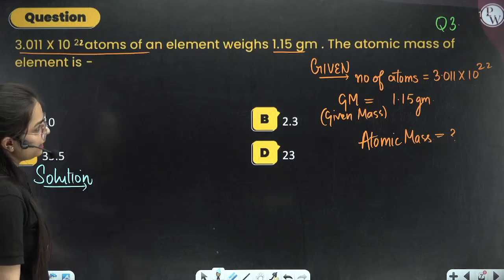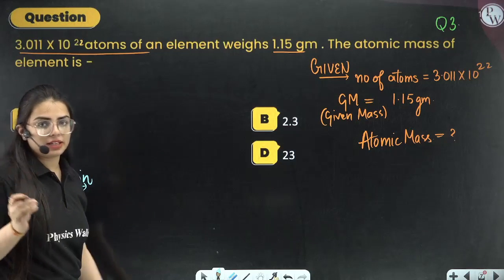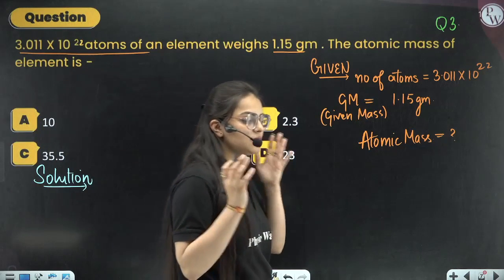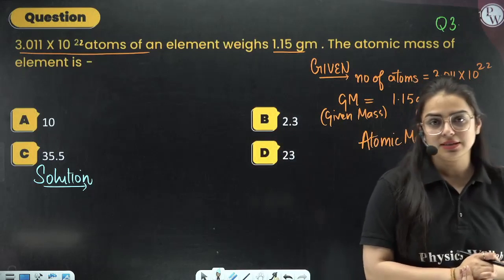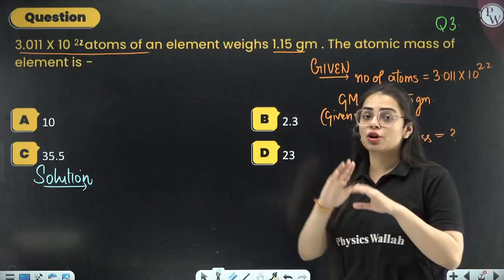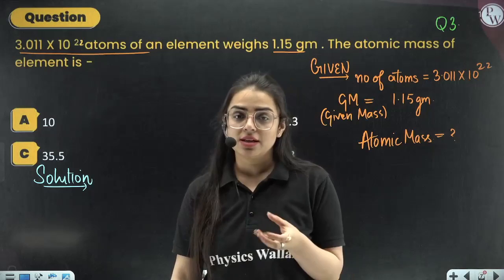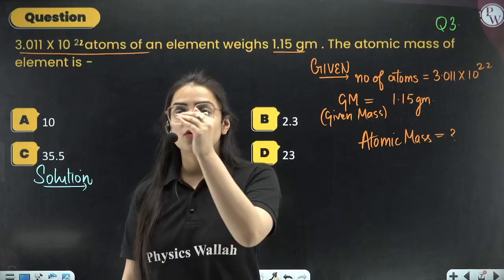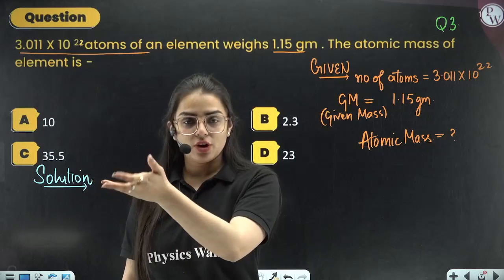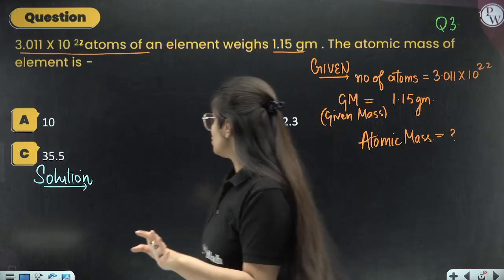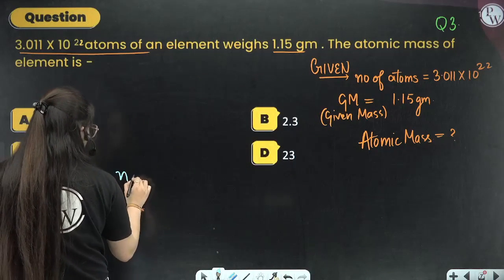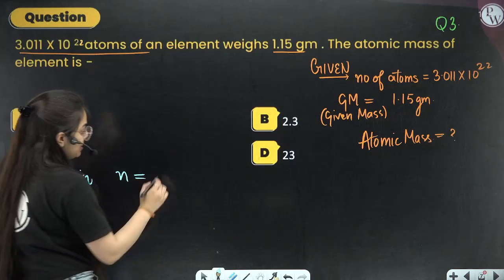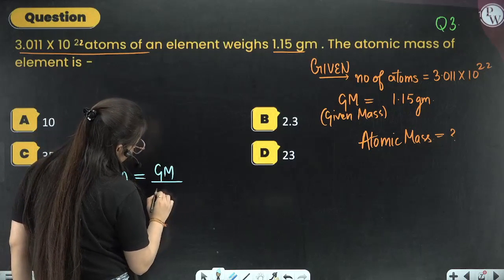See, basically, we have been provided with the number of atoms. Now, when I was initially starting this session, I told you one basic thing, that number of moles revolves around 3 general formulas, based on either number of atoms, or volume, or given mass by molecular mass. So we know that number of moles, represented by small n, is equal to given mass by molecular mass.